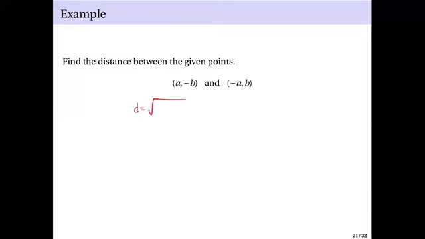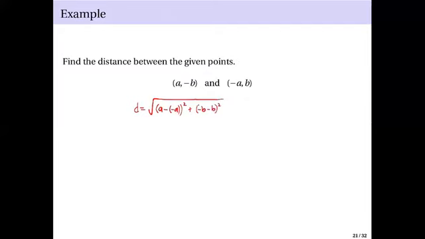Distance is equal to the square root of, here you have a minus negative a quantity squared plus, you have now minus b coming from this, then minus b quantity squared.